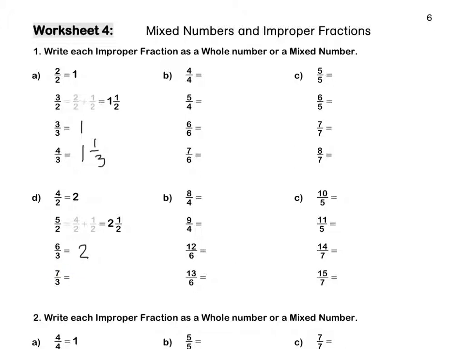Therefore, 7/3, 7 divided by 3 is 2, remainder 1, and we are working with thirds. So pause this video to complete question D, E, and F by yourself.